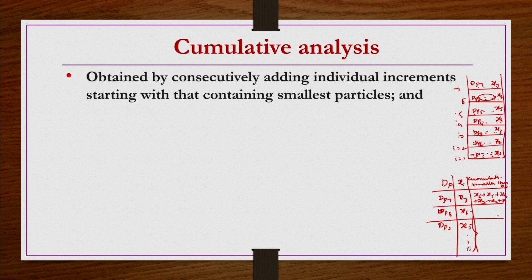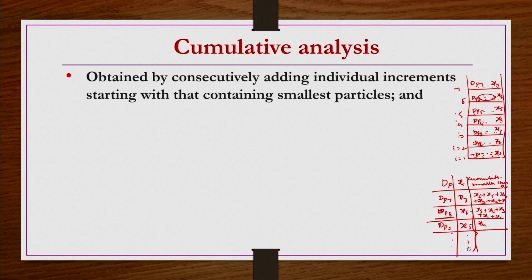Likewise, when you come to this point, what is the fraction of material having the size smaller than dp_6? So, dp_5, dp_4, dp_3, dp_2, dp_1, all of them are having size smaller than dp_6. So, the corresponding fraction should be added here cumulatively, that is x_5 plus x_4 plus x_3 plus x_2 plus x_1.